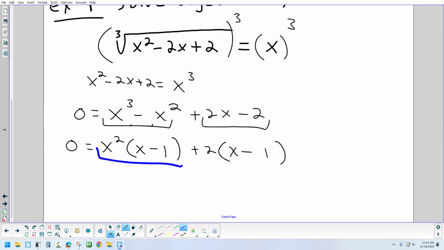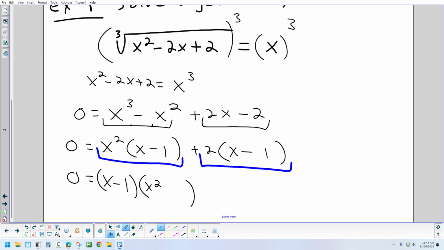Okay, so now look at this and look at that. What do both of those have in common? X minus 1. So now we're going to take out that entire x minus 1 from both. If you take it out of the first one, what's left? Just the x squared.